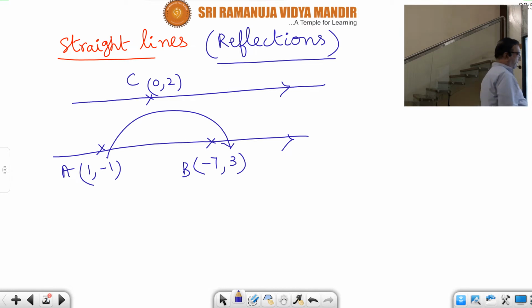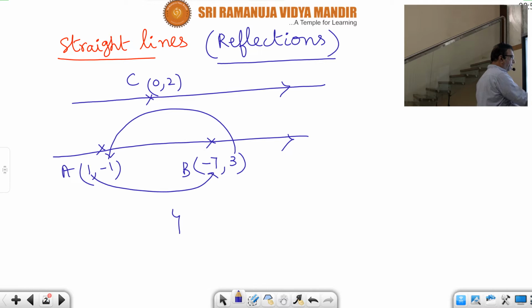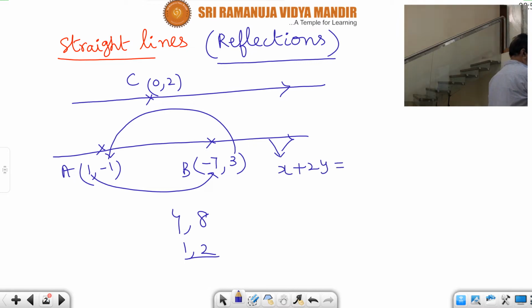Let us not start with a negative number, so we consider the difference of y coordinates in this direction. 3 minus -1 is 4. The difference of x coordinates in the opposite direction: 1 minus -7 is 8. 4 and 8 have a common factor, so divide by 4 and you get 1, 2. So the equation of this line starts with 1, 2, that is x plus 2y is equal to k.